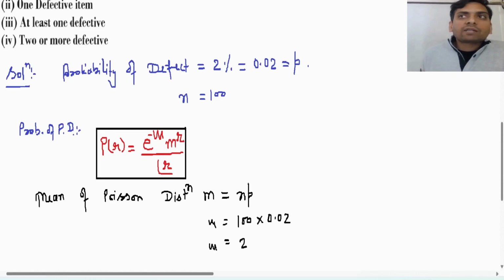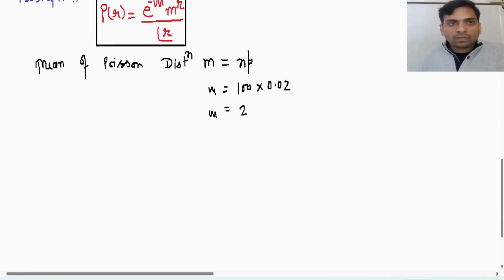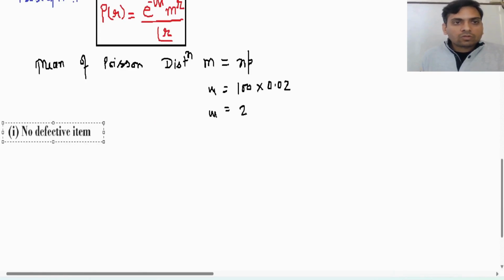Now we will focus on these questions. So defects may be 1 out of 100, defects may be 1, 2, 3, 4, or defects may be 0. Maybe 0 means no defect. This means r equals 0. Clear? So for no defect, this is the first case, no defective item.